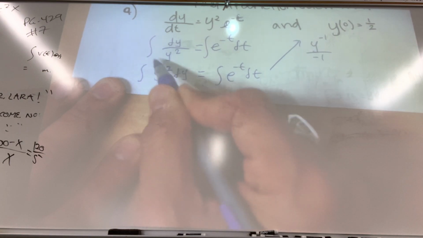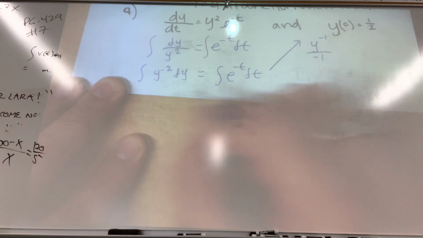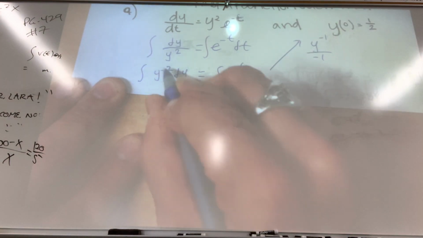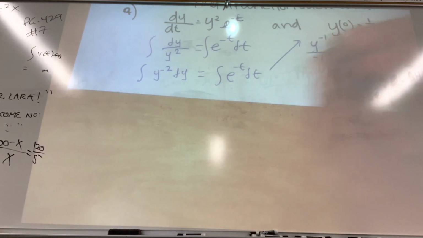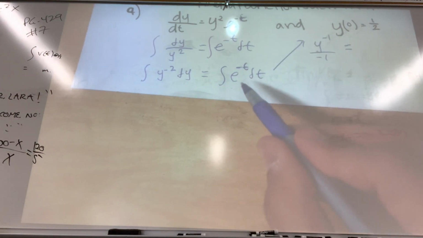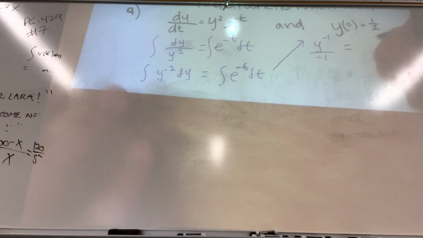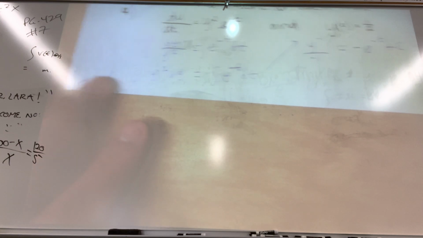I know it's a cool symbol, but you gotta let go of it at some point. So when you do the antiderivative, you no longer need the antiderivative symbol. And then equals to, guys, what's the antiderivative of e to the negative t? Negative e to the negative t. And then here we will put a plus c.